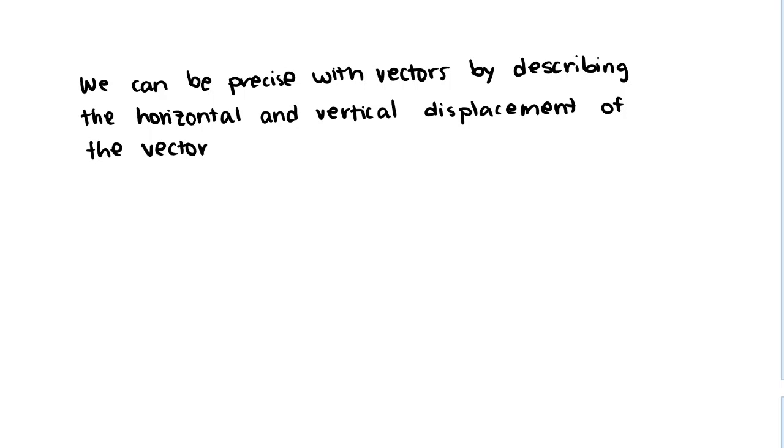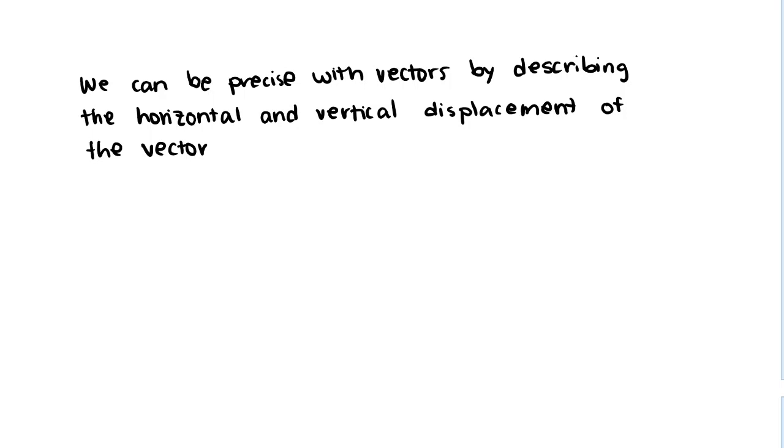So in all of the examples so far, we've just described what a vector is geometrically, how to add vectors geometrically, how to subtract vectors, scale vectors geometrically. But it's hard to be very precise with pictures and geometry sometimes. And so, what can we do to fix this? How can we do math with vectors?